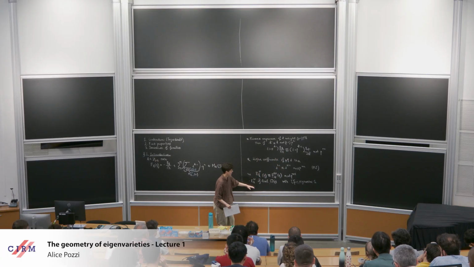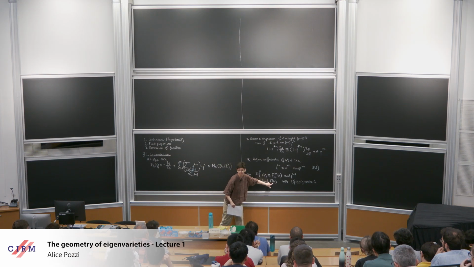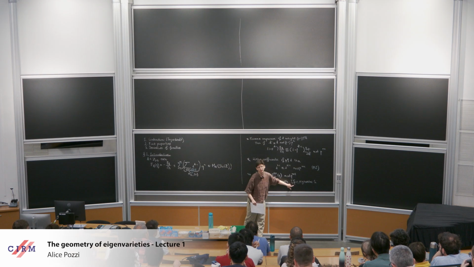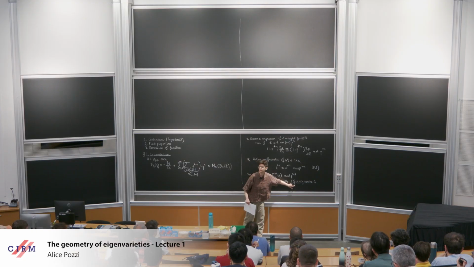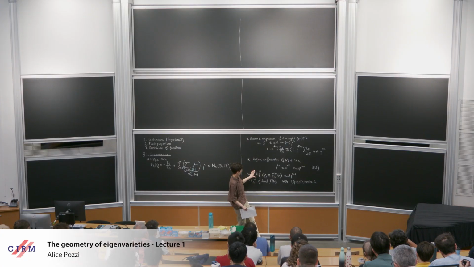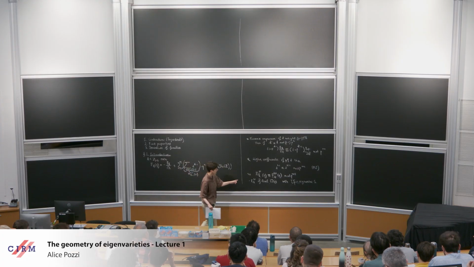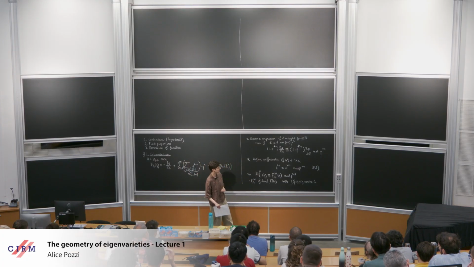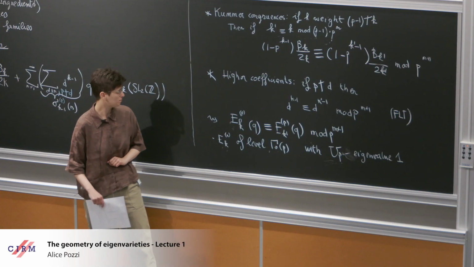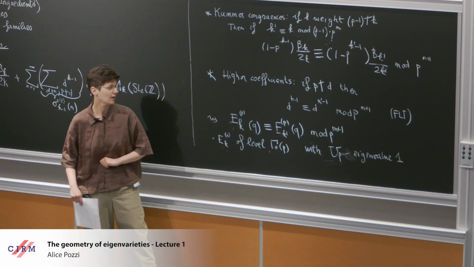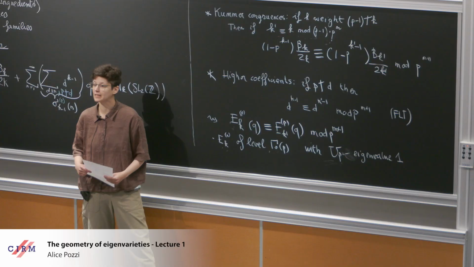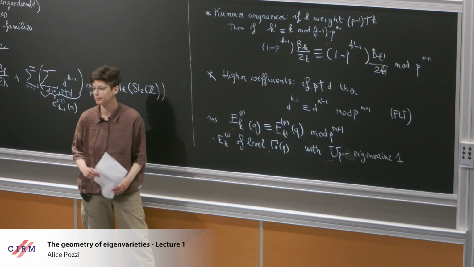And the other thing that we notice is that we actually need to look at level gamma naught p, and we need to look at what we're doing with the U_p operator. There is another Eisenstein series at level gamma naught p with the same system of Hecke eigenvalues as Ek away from p, which has U_p eigenvalue equal to p to the k minus 1. And for that one, the story is a little different, and we'll come back to that later.